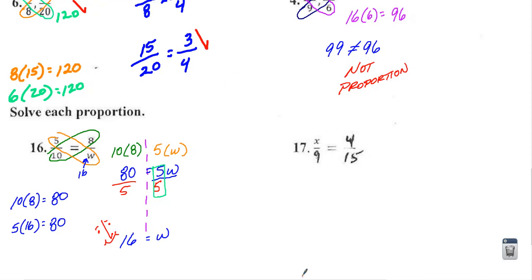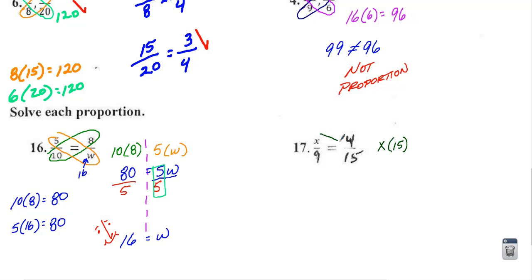Now, if you were stuck on these earlier and you want to rework 17 now, pause the video and work it before I discuss the answer. All right, 17. So on problem 17, we're going to do the same idea. We're going to multiply x times 15.